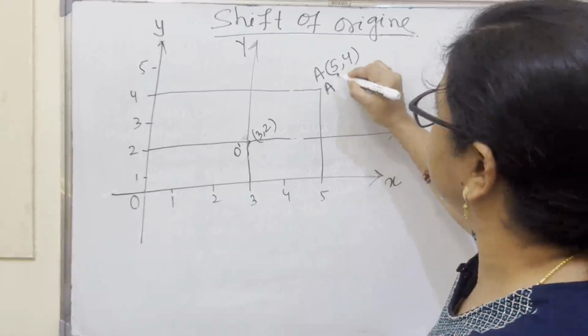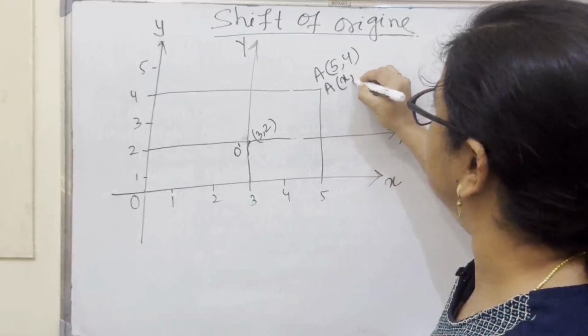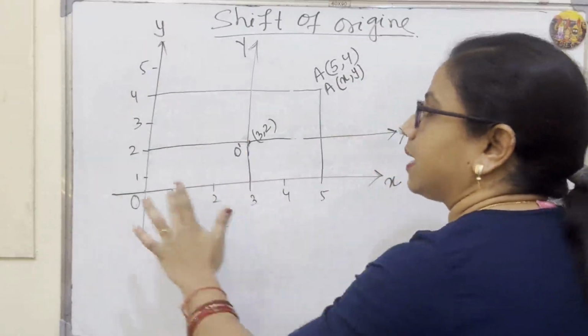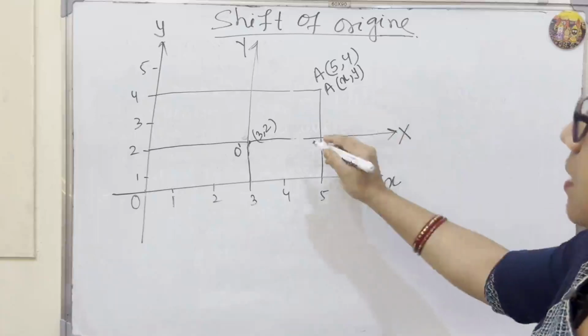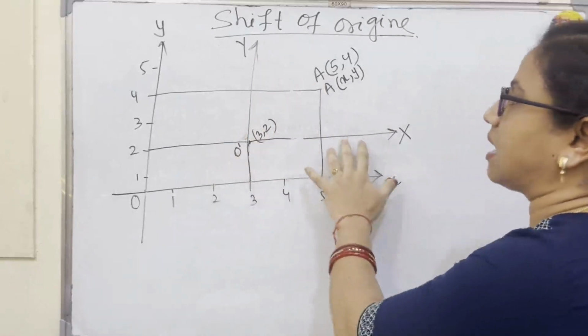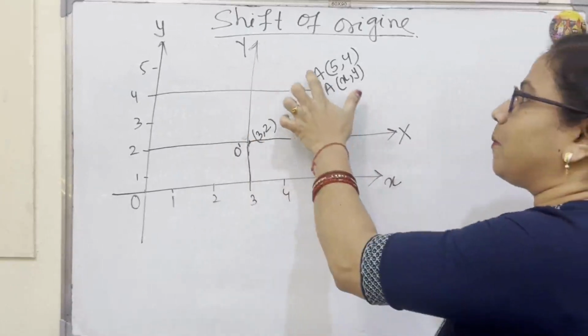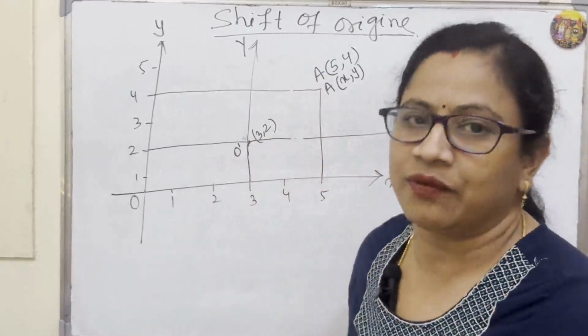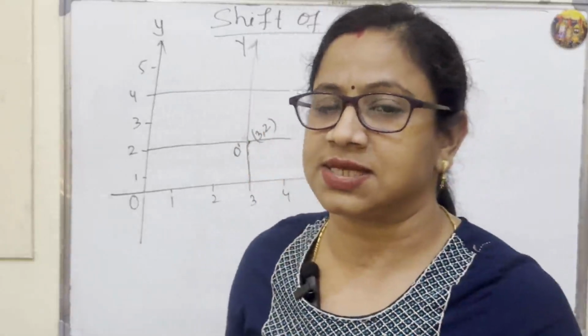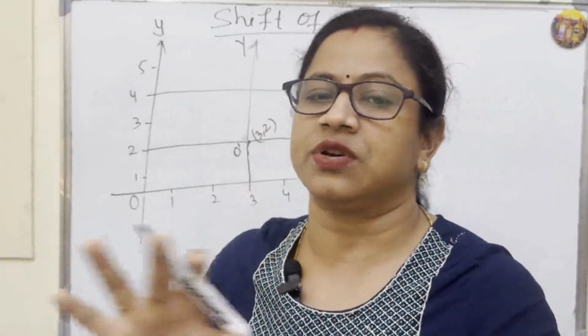Here if I am denoting the axis as small x and small y, these coordinates are as for our old axis, our old origin. But these points are new axis. When I am shifting the origin, my axis are getting changed. Then the coordinates of the point A will get changed definitely. The coordinate 5 and 4 for old axis will not work as such for the new axis.